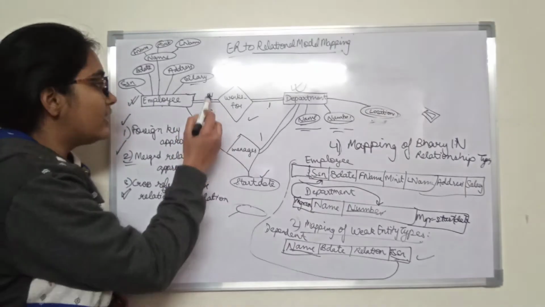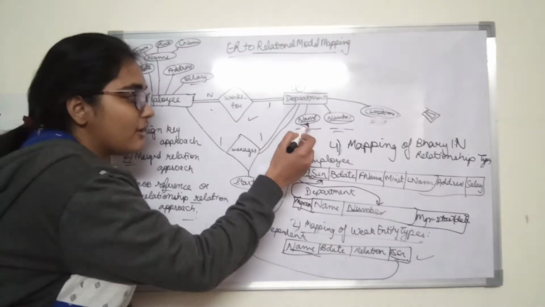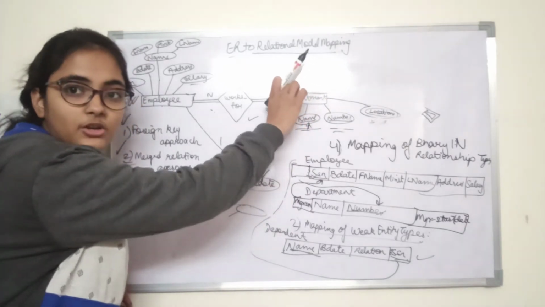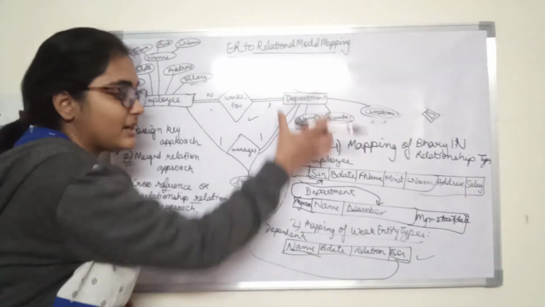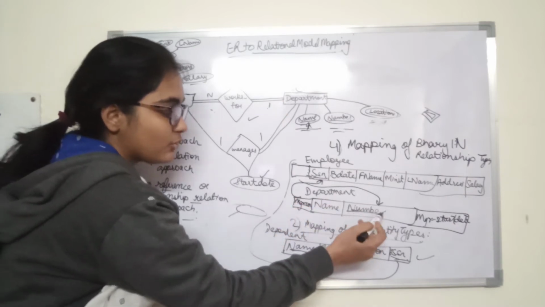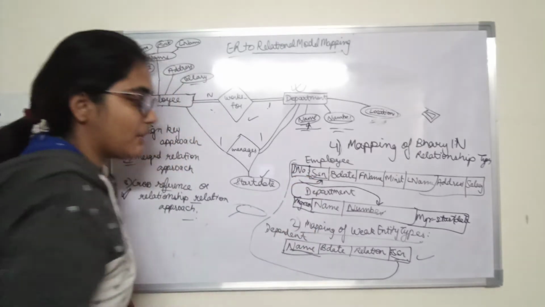What we include is the primary key of the relation corresponding to the other participating entity type. The department entity type's corresponding relation is department, so include its primary key, the department number, here.